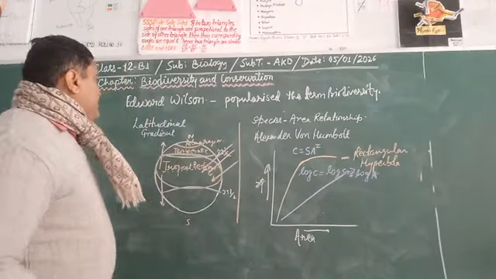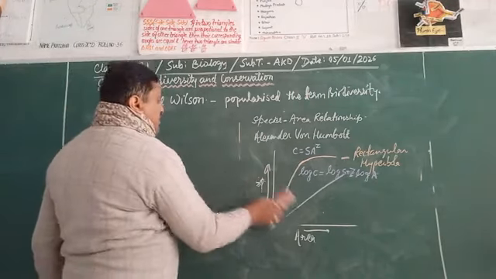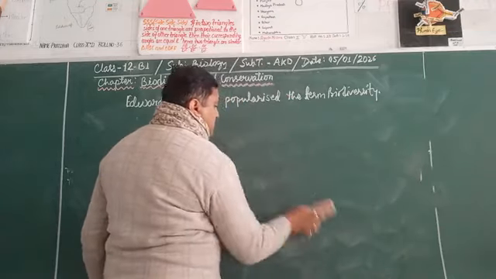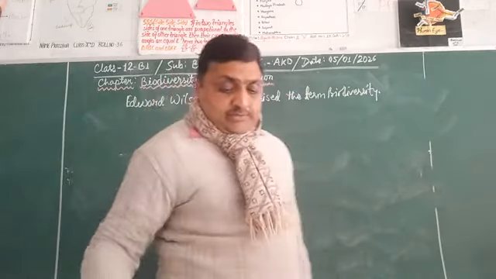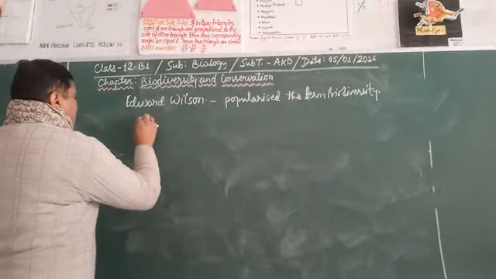Next, loss of biodiversity. So what causes the loss of biodiversity? The biodiversity loss takes place due to habitat loss and fragmentation.